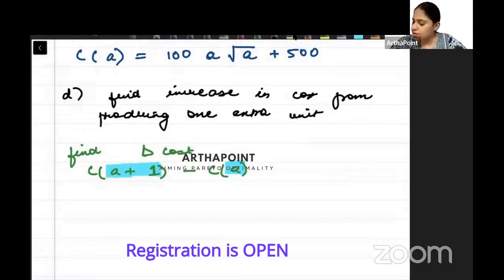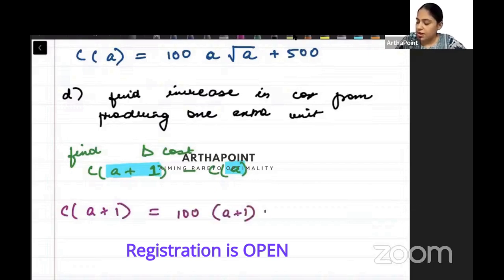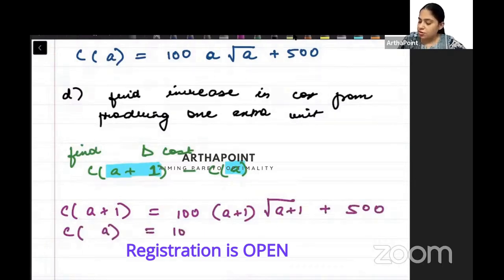So let us try to do this in a very simple way. C of a plus 1 units will be 100 into a plus 1 root a plus 1 plus 500, everywhere x replaced by a plus 1. C of a will be 100 a root a plus 500.